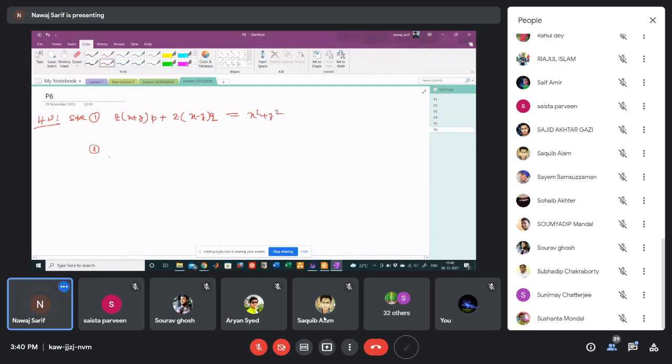Number 2 is x into (y square plus z) p minus y into (x square plus z) q equals z into (x square minus y square).